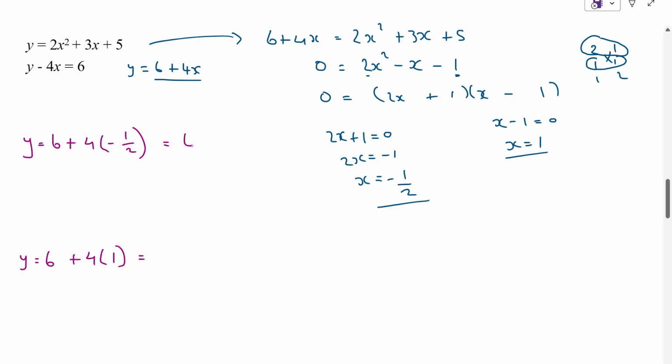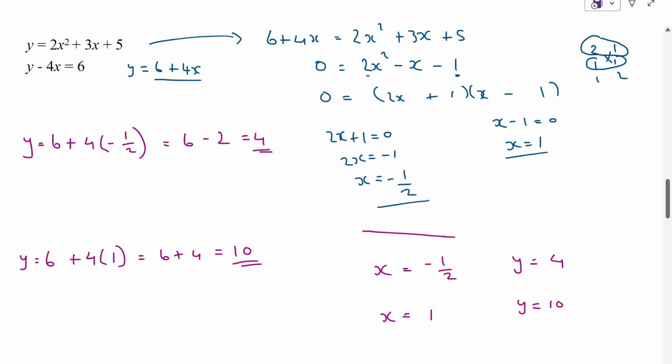So this is 6 minus 2, which is 4. And this is 6 plus 4, which gives us 10. So our final answer will be when x equals minus a half, y equals 4, and when x equals 1, y equals 10.